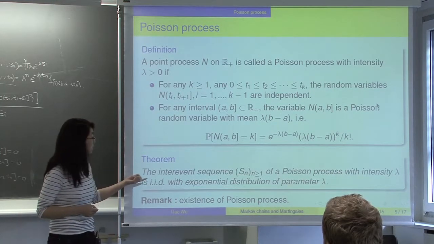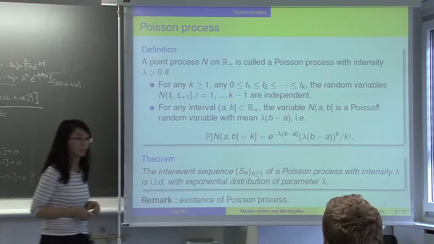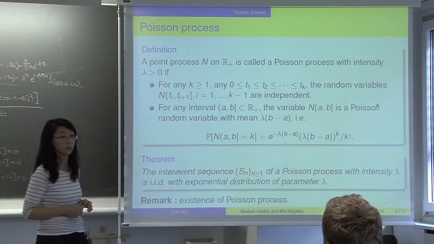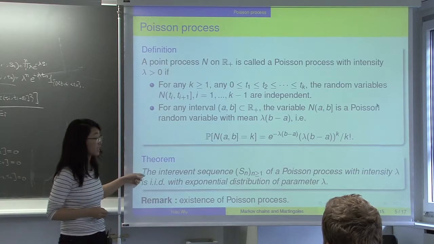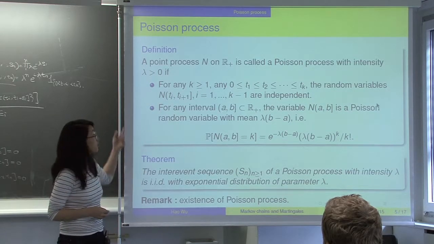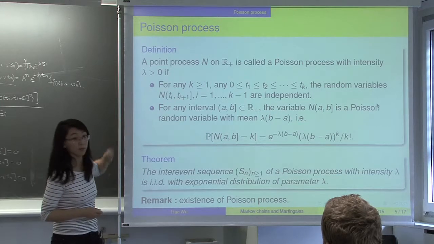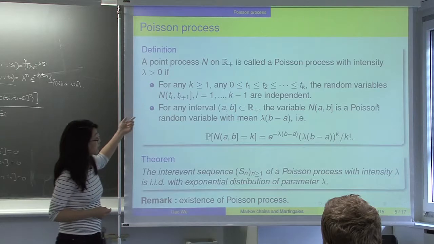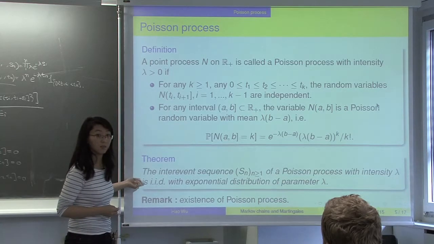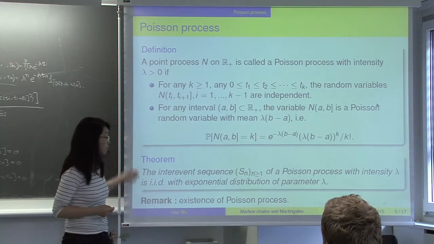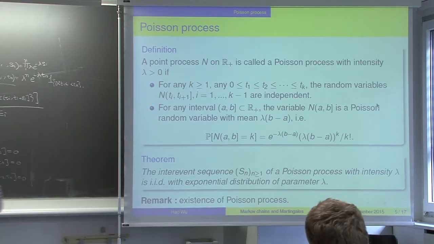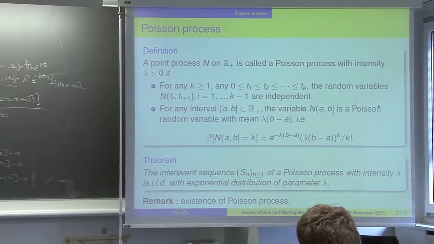We can just start from a sequence of IID exponential random variables with parameter lambda, and then define Tn accordingly. Then this Tn will give us a process satisfying the property here. So on the one hand, this is the definition and this is a property, but the property also tells us how to construct a process satisfying the definition. Okay, so this is the first property.